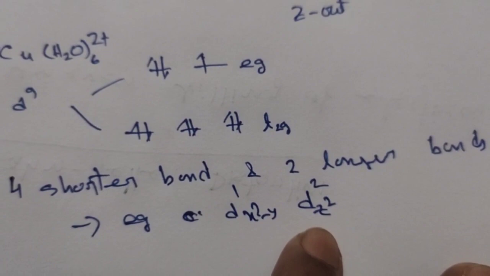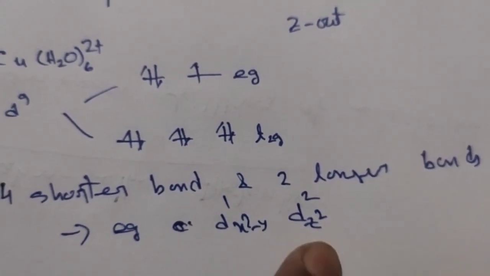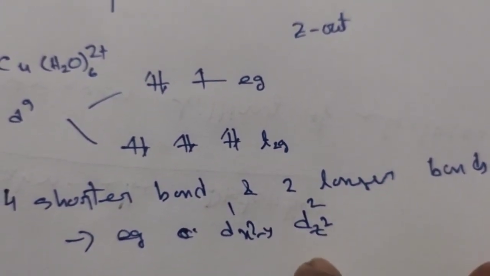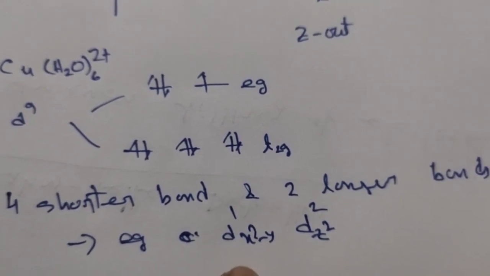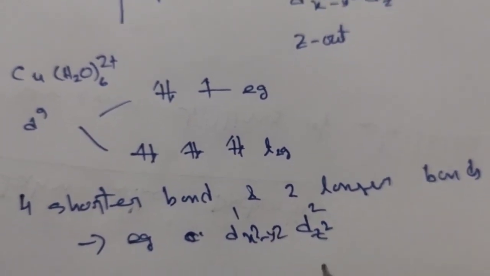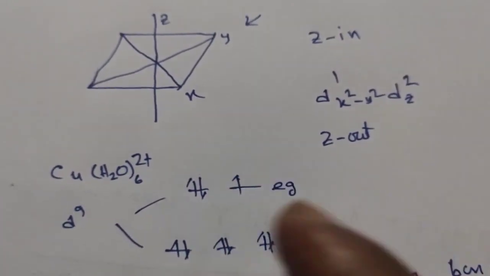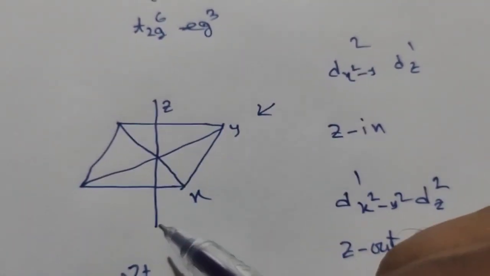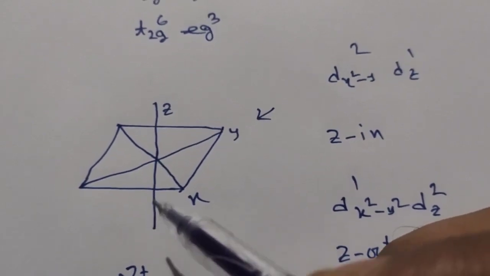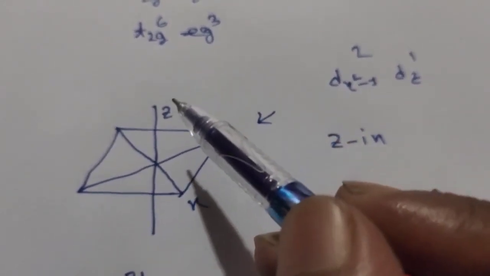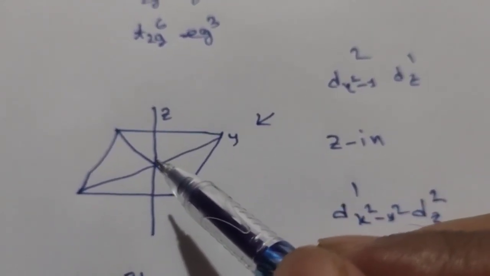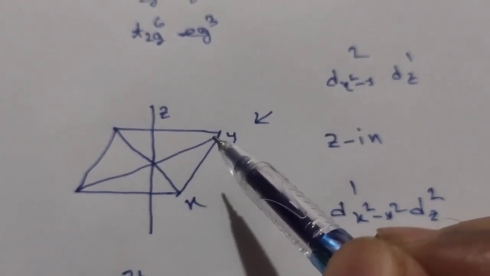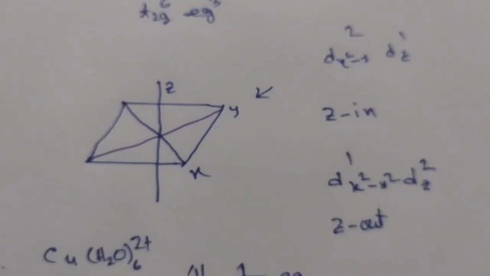Because the dz square orbital has more electrons than dx square minus y square, the ligands coming along the z axis will be repelled more, and thus their bond length will be more than the bonds along the x and y axes.